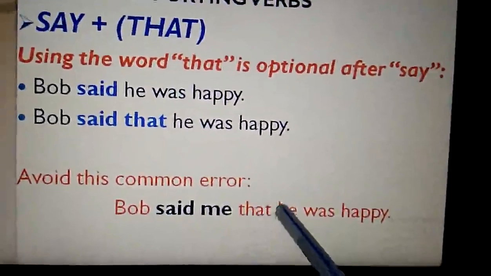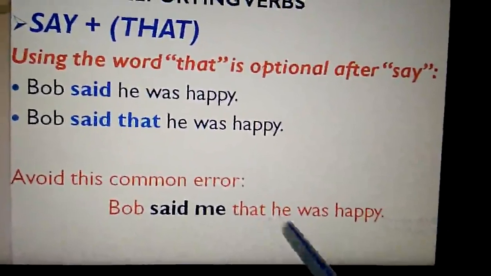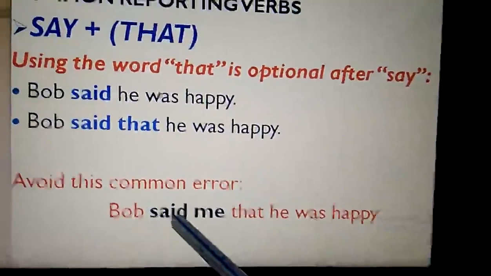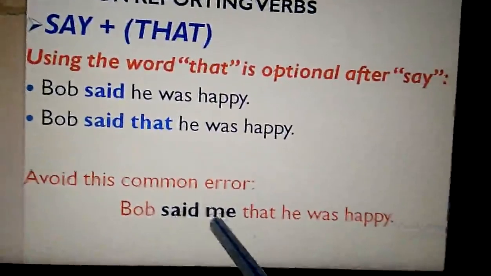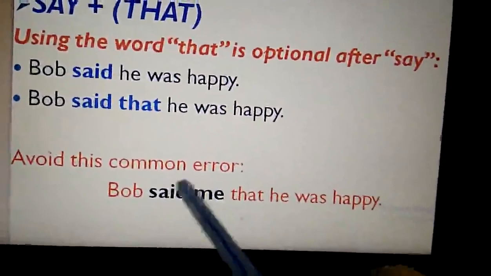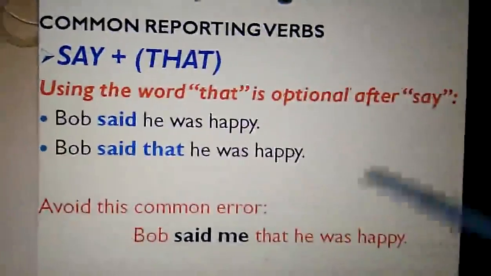So this one thing we have to remember. Bob said that he was happy would be the right sentence. And after said, we should not use any object or refer to any person immediately after this reporting verb. This one thing you have to remember.